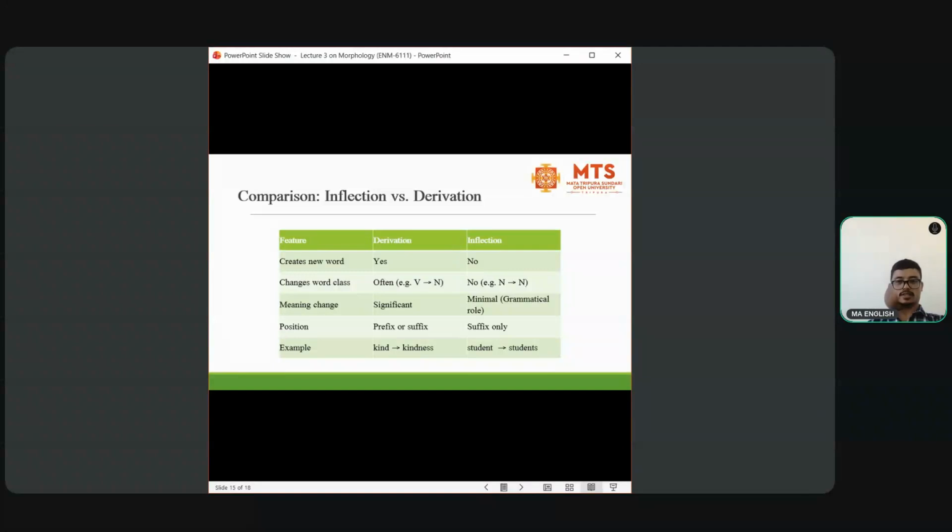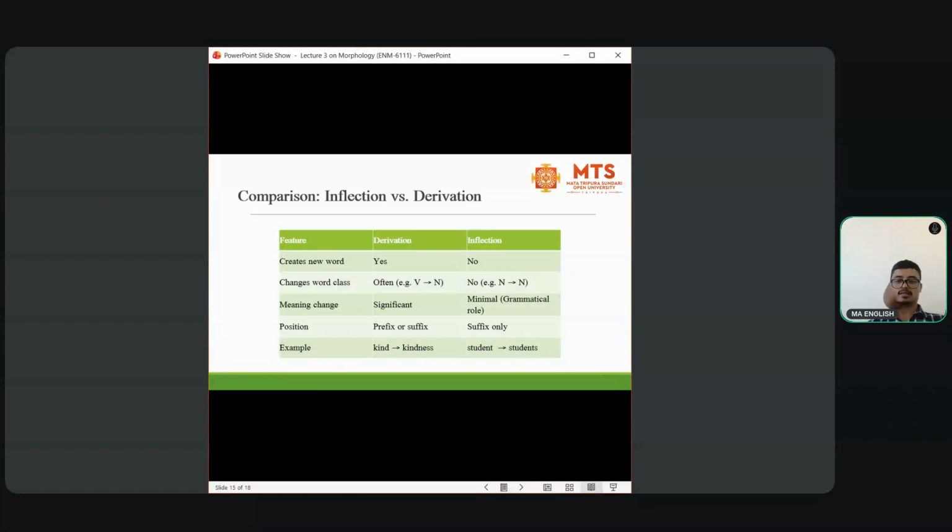Okay, so here are two more examples. What about position? In derivation, both prefixes and suffixes are used, but in inflection, only suffixes are used. For example, kindness, right? Read: you can use the prefix re- to make reread, that is, to read again.